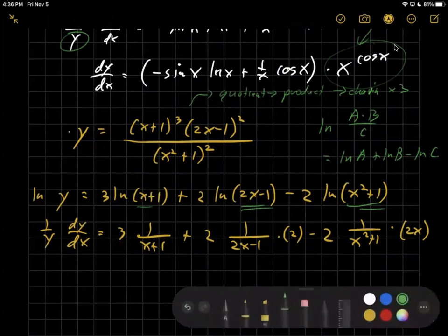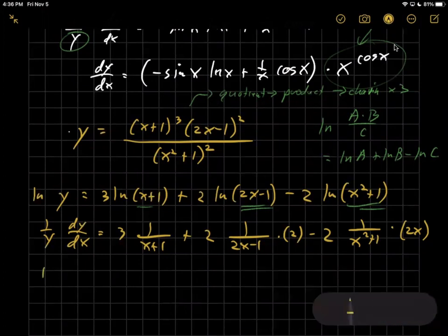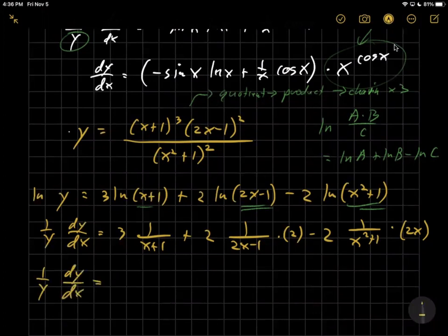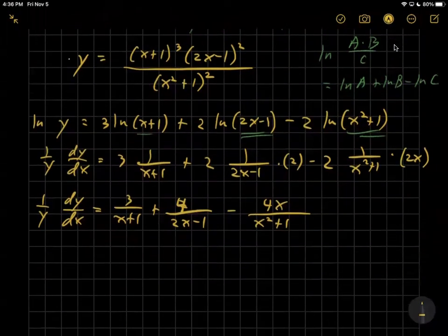So let's clean it up a little bit. 1 over y dy dx is equal to 3 over x plus 1 plus 4 over 2x minus 1 minus 4x over x squared plus 1. You could get a lowest common denominator, but you don't need to.